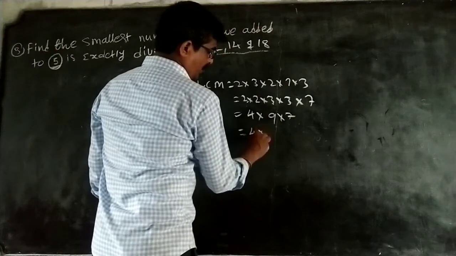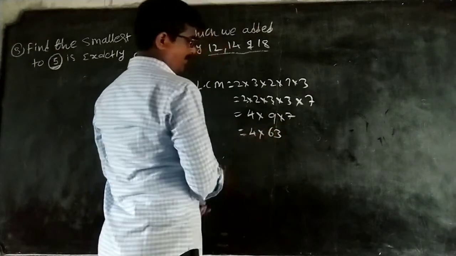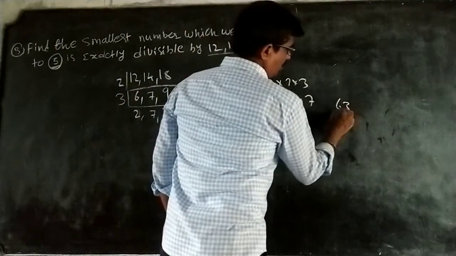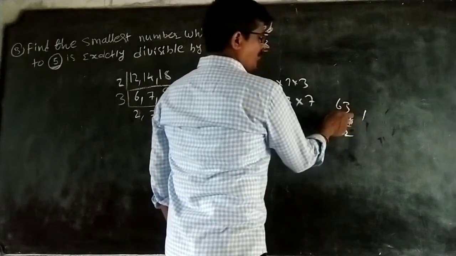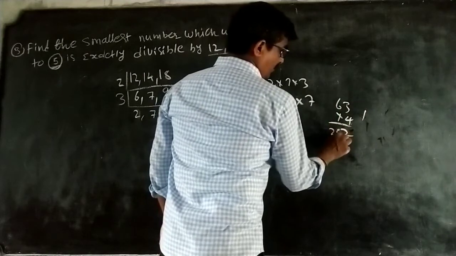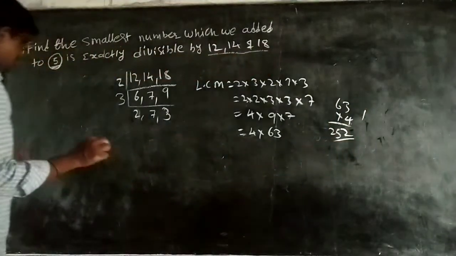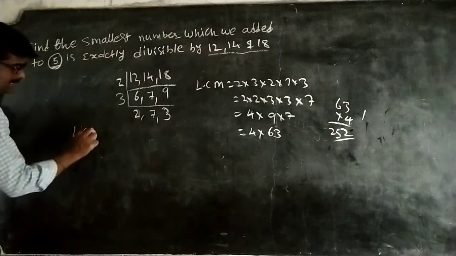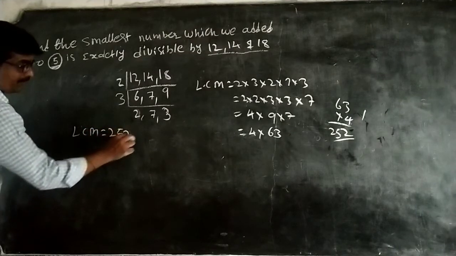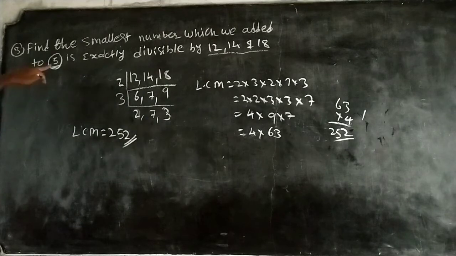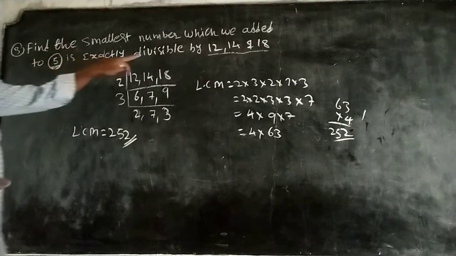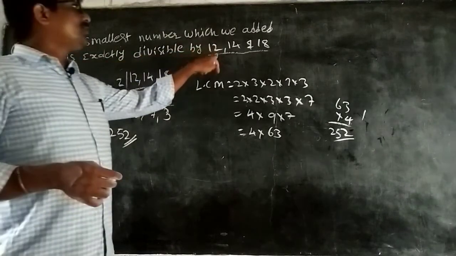That is equal to 4 into 63. So 63 into 4, 4 6s are 24, 252. This is the LCM. LCM is 252.